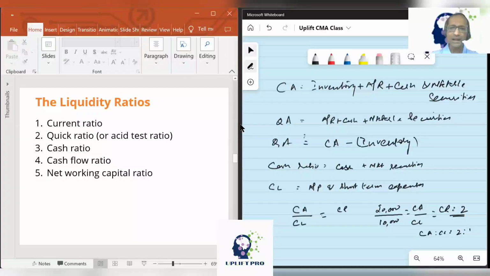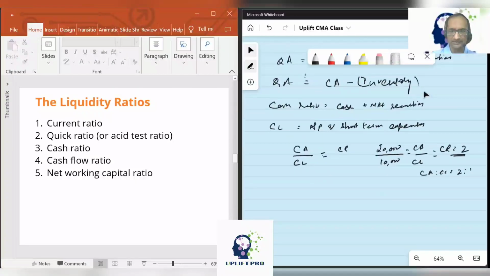Next is quick ratio. So let us understand quick ratio as well. Quick ratio, like I have explained earlier, is your current assets minus inventory divided by current liabilities. In the above example, I have given you 20,000 as your current assets.